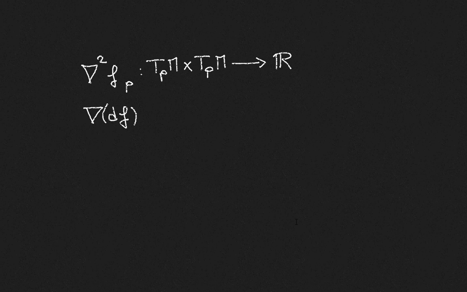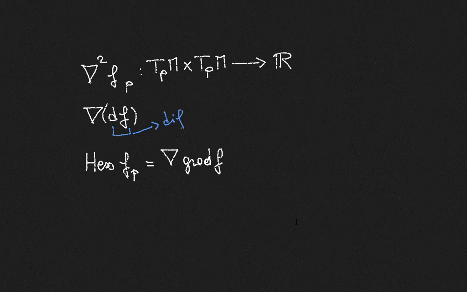So, for example, we have that the Hessian of f at p is just the covariant derivative of the gradient of f. Now remember, this is a differential form.